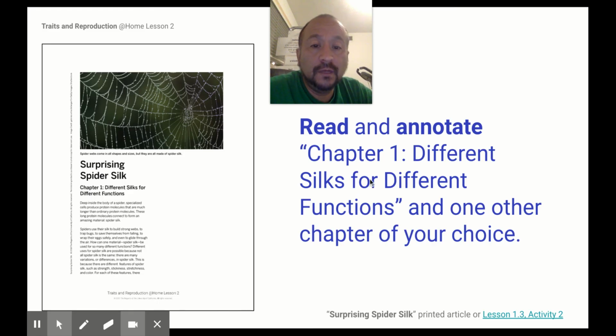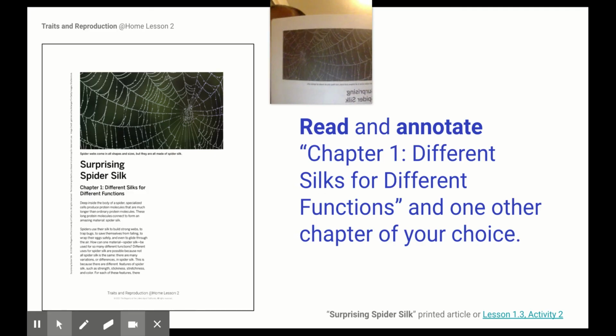Chapter 1, and so we're going to be reading and annotating this. That's very important. Let's go find it, guys. So we're going to look back here, and we're going to find it, and there it is. It's A1. We're going to read this together.